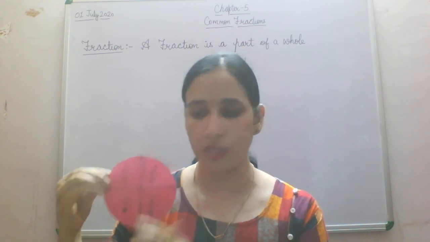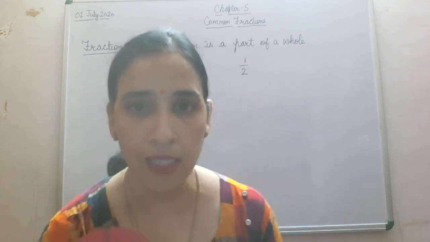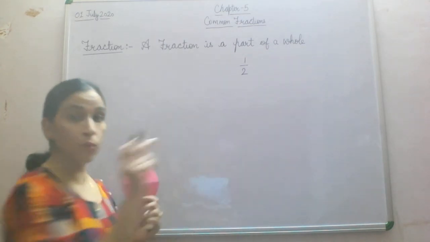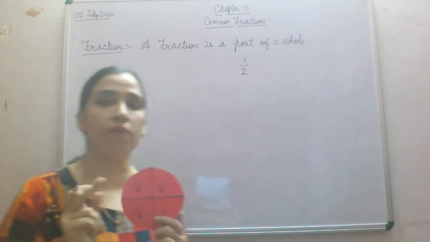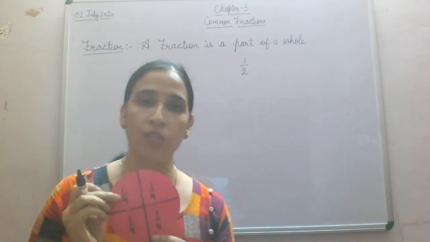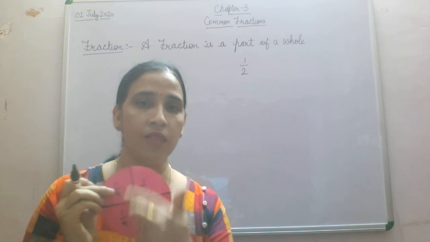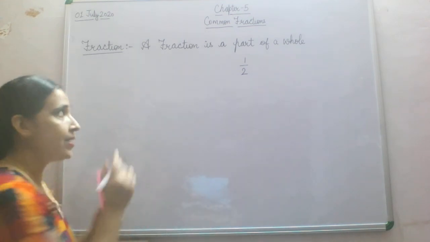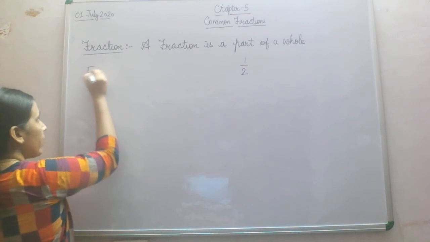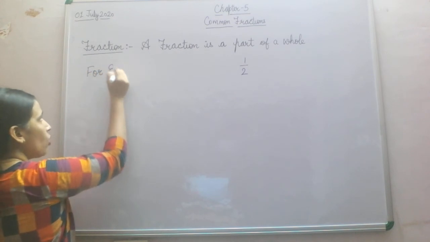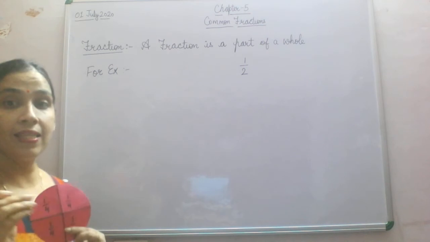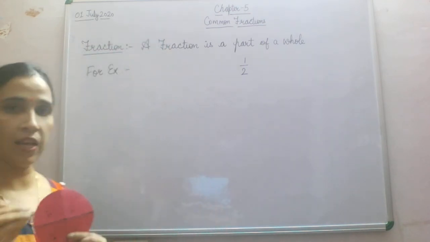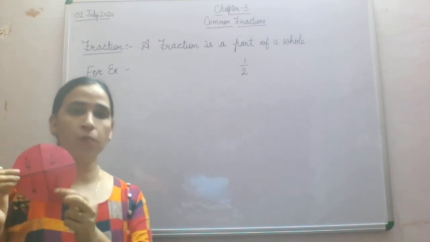So what is fraction? A fraction is a part of a whole, which is already written. I hope that fraction is clear to you all with this example. Now I am going to write examples of fraction. You can tell me examples of fraction from this circle.